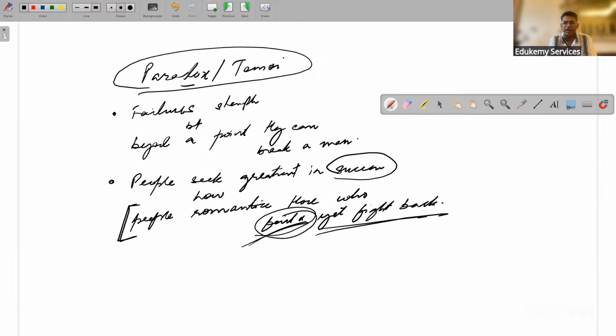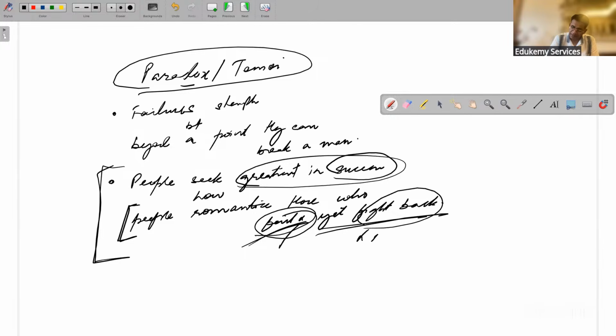His homelessness, his failure, breaking marriage, his inability to provide, living in those shelters, child humiliation, and he fighting back. That makes him legendary. Do all of you understand? This is the paradox. While we seek greatness in success, actually, people romanticize people who fail and fight back and rise again and again.